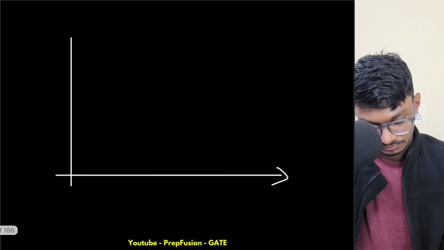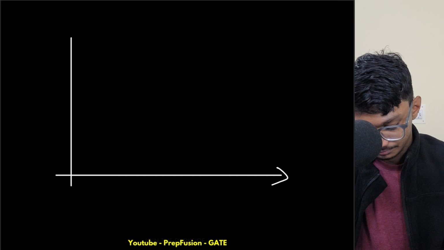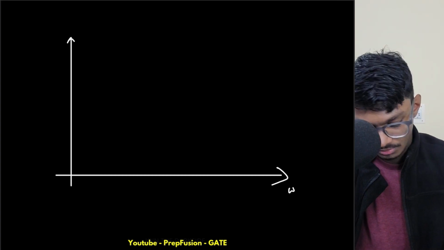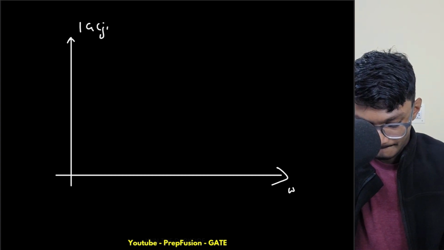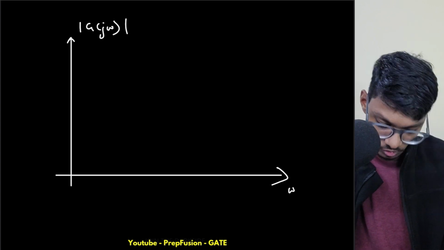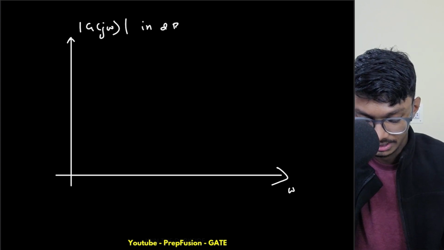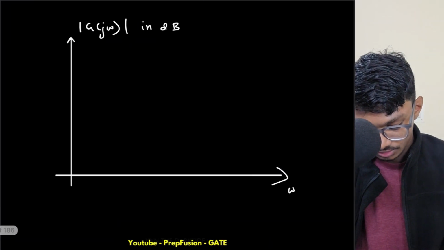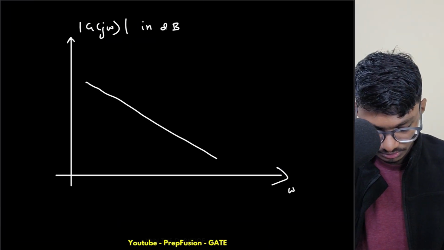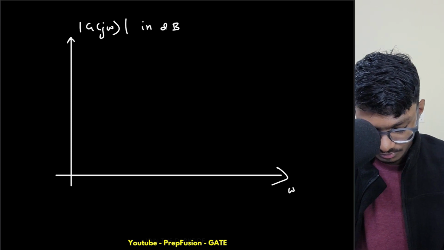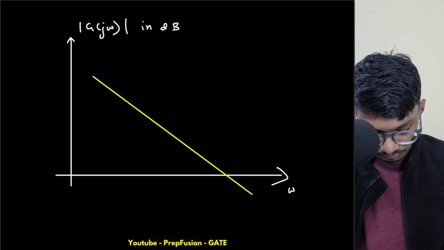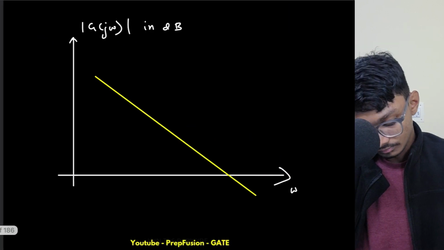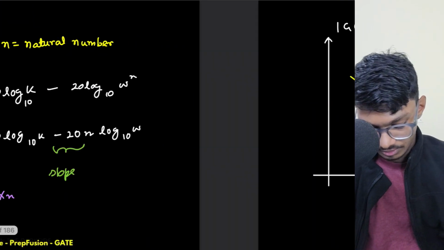So let's plot the Bode gain plot. Omega in dBs. Scale is log scale, don't forget. So how will this look? This will again start from somewhere here, and this will go down something like this. Now what is happening here?